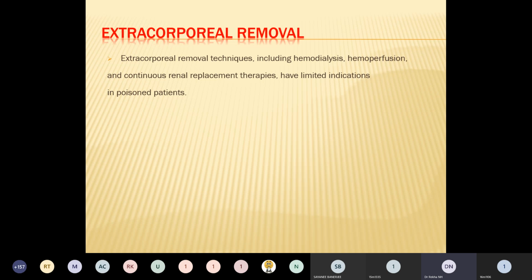First of all, this facility will not be there in all centers. Hemodialysis is commonly used predominantly in a patient with severe barbiturate overdose.